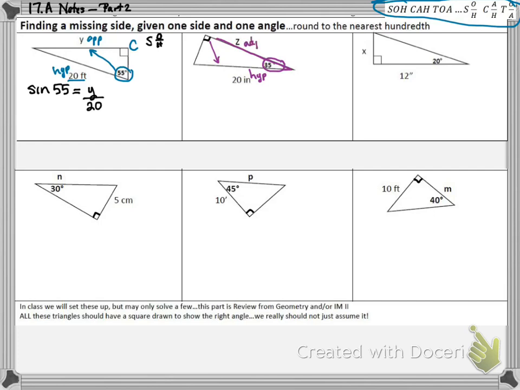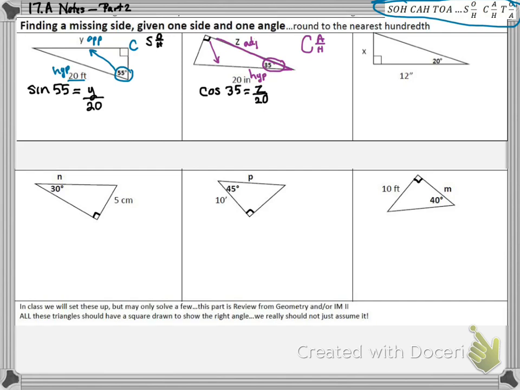That makes it my adjacent side. Out of the 3 that we know, the one that uses adjacent and hypotenuse is cosine. Cosine is adjacent over hypotenuse. So the cosine of the only angle I know equals the side that's adjacent to it over the hypotenuse. There's the setup for that one.